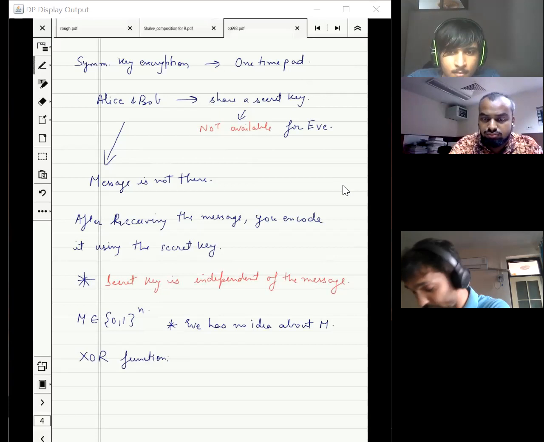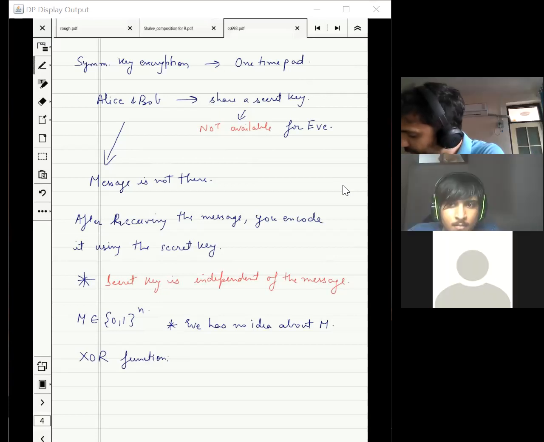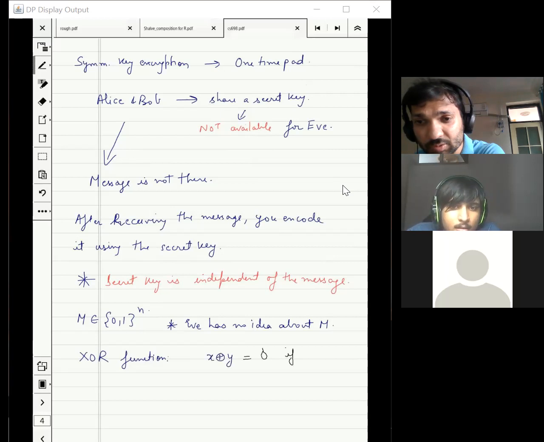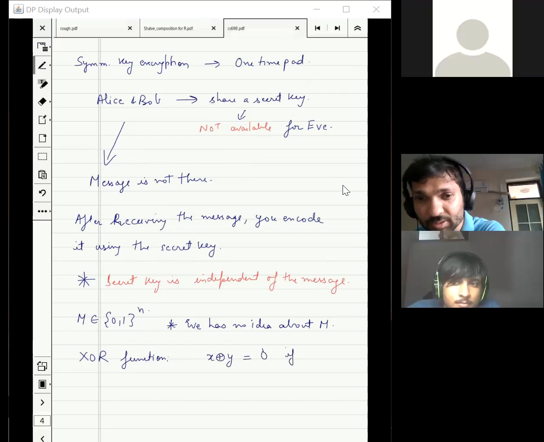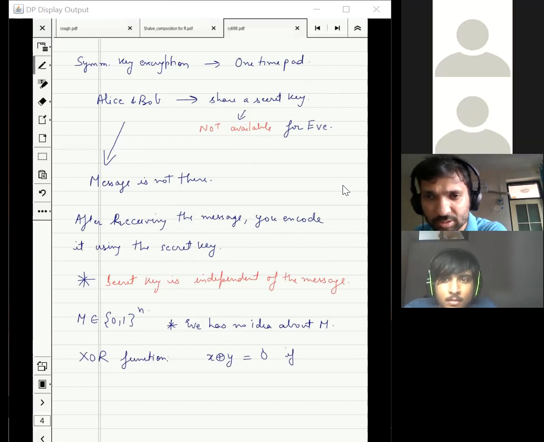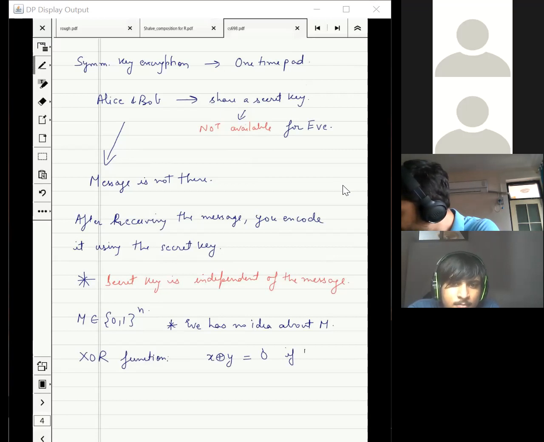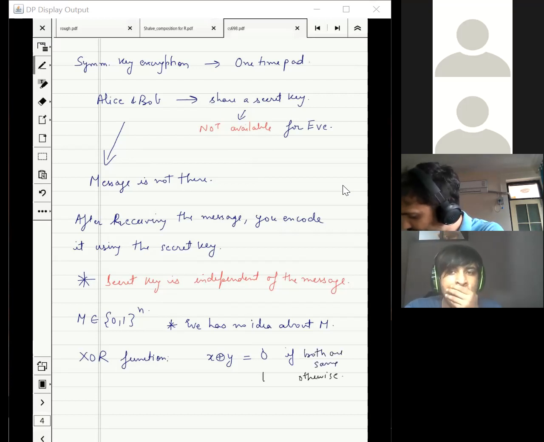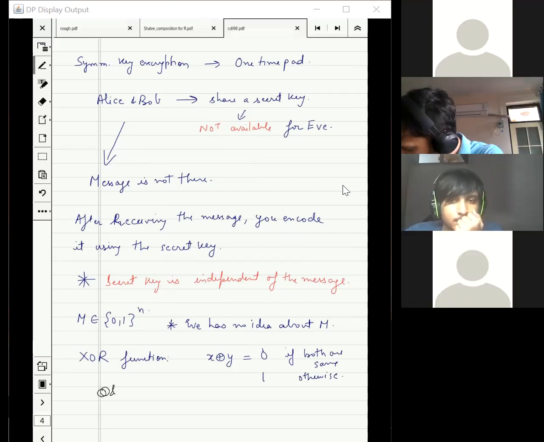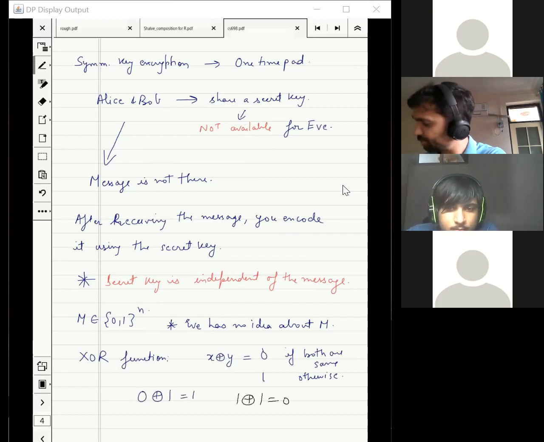Just for one or two people who don't know, if you have 2 bits, then x XOR y is 0 when? When x and y are both the same. Both are the same, and 1 otherwise. So 0 XOR 1 is 1. 1 XOR 1 is 0.